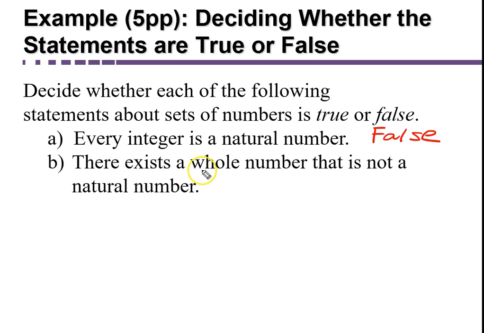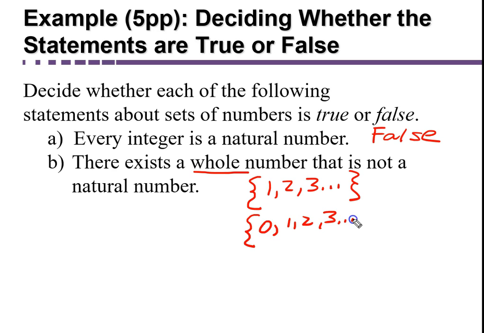There exists a whole number, and this is a set of numbers, that is not a natural or counting number. Well, remember, when we were defining sets, counting numbers are 1, 2, 3, on into infinity, while whole numbers were 0, 1, 2, 3.